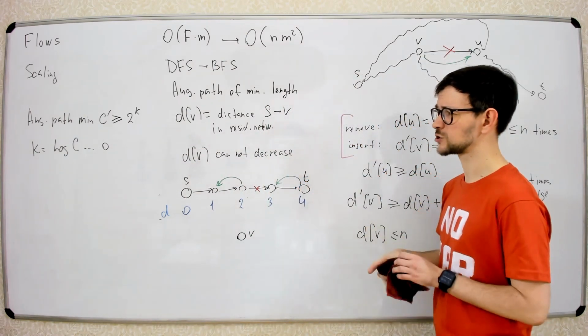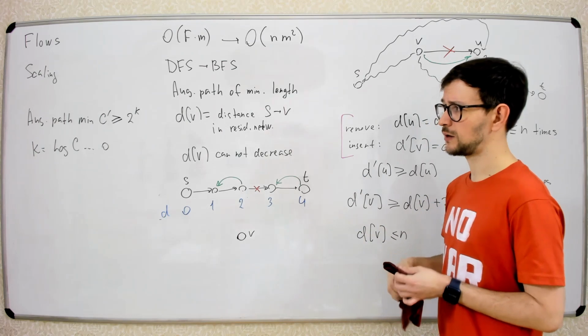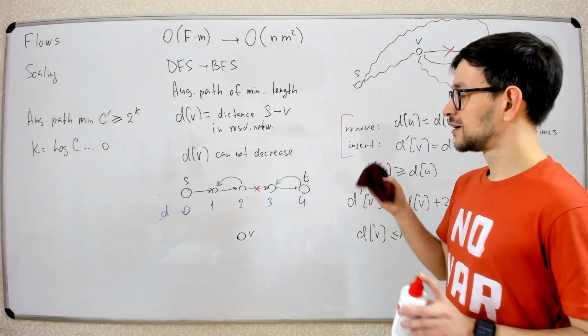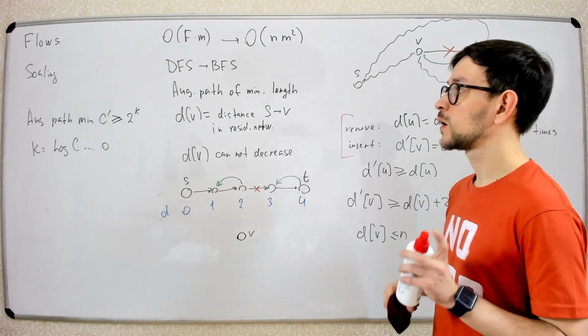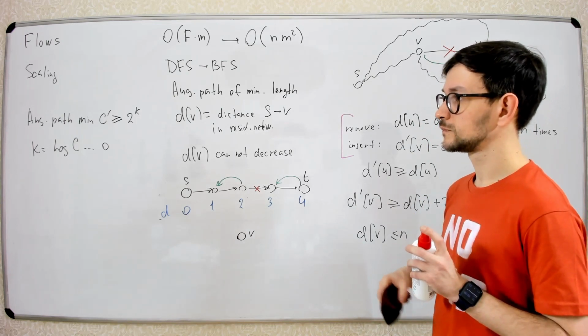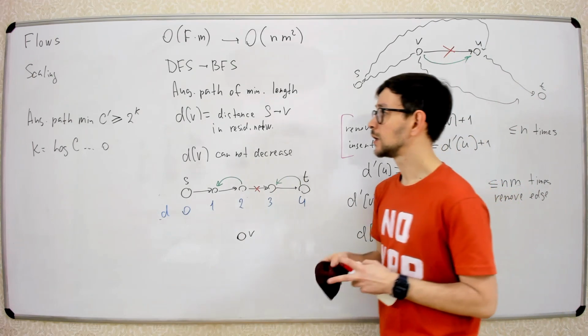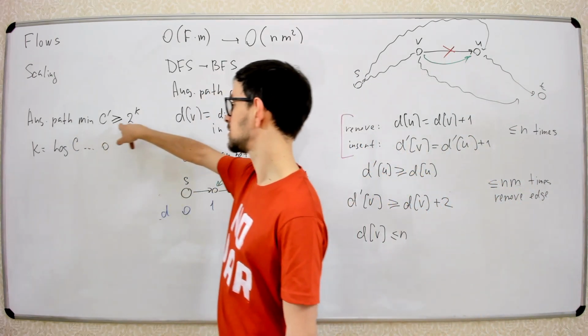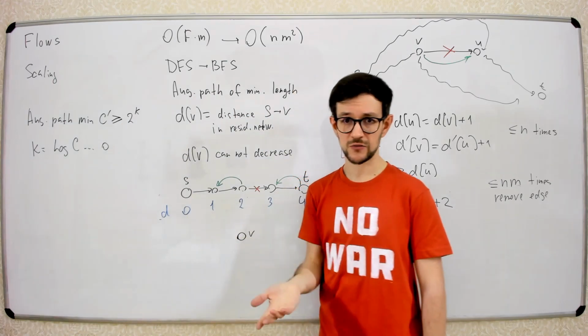It works only for integers, but you can do it for real numbers as well, with some details. Very simple algorithm, right? You can find an augmenting path with all capacities at least 2^k using the same DFS.